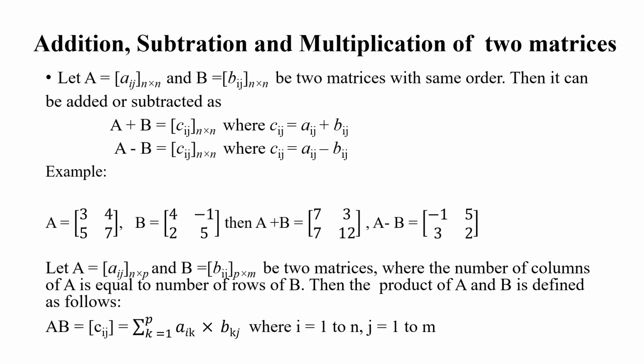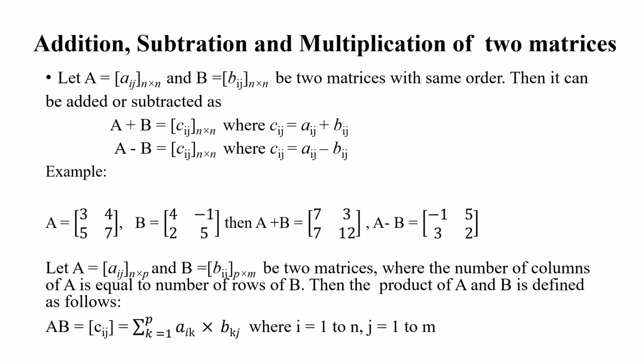Next one, addition, subtraction and multiplication, or we call it the product of matrices. Here you consider A as Aij, which is an n by n matrix, and B which contains Bij is an n by n matrix, of the same order.